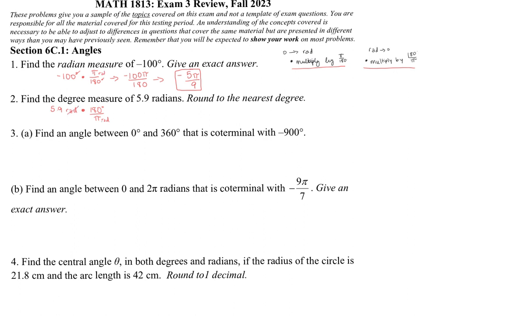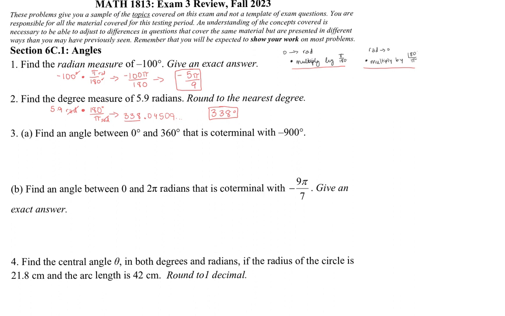So these two units cancel and you're left with just degrees, which ends up being 338.04509 and so on. And it says round to the nearest degree, so that'll be 338 degrees.